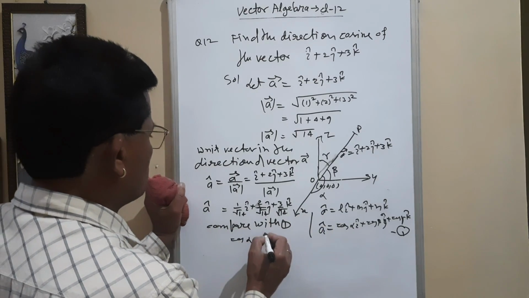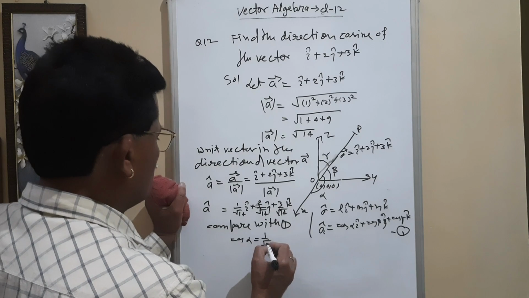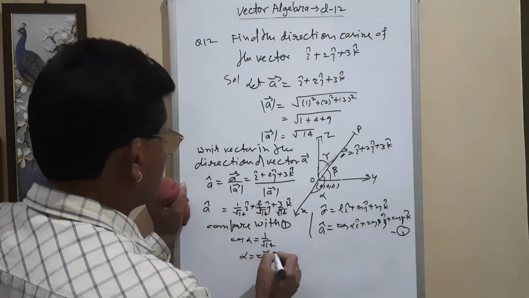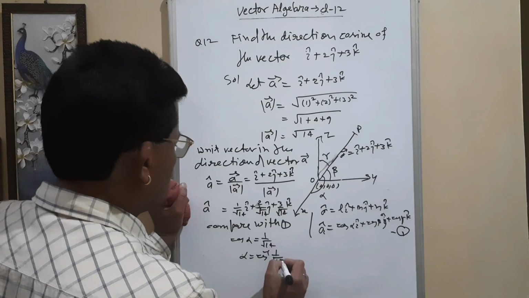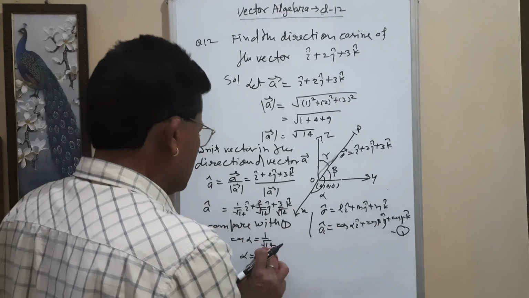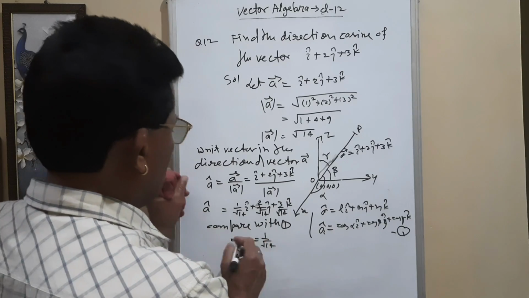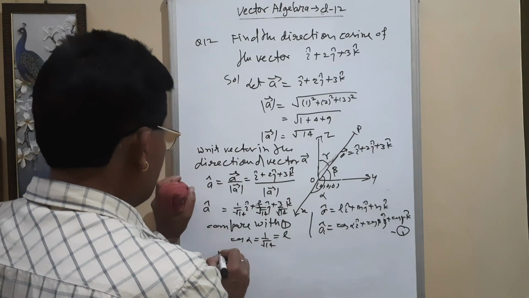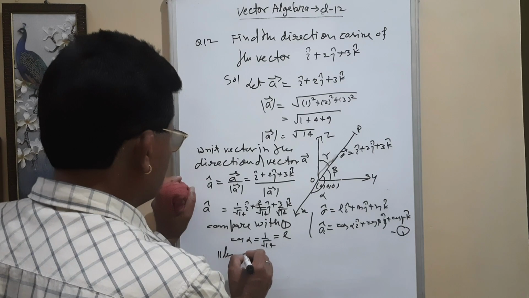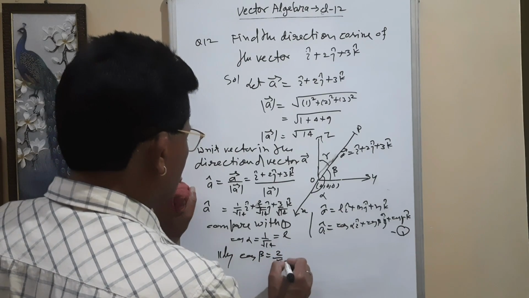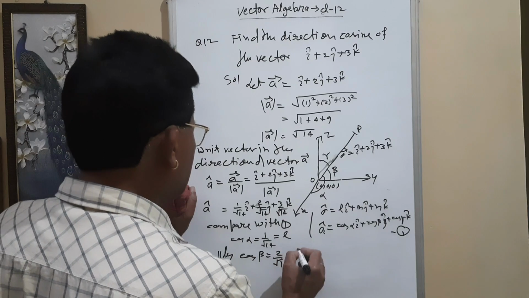Okay, cos alpha is equal to 1 upon root 14. Then alpha will be cosine inverse of 1 upon root 14, but here it is given that you only have to find the direction cosine, so alpha, beta, gamma are not required. That is l. Similarly, cos beta will be 2 upon root 14, which is m.